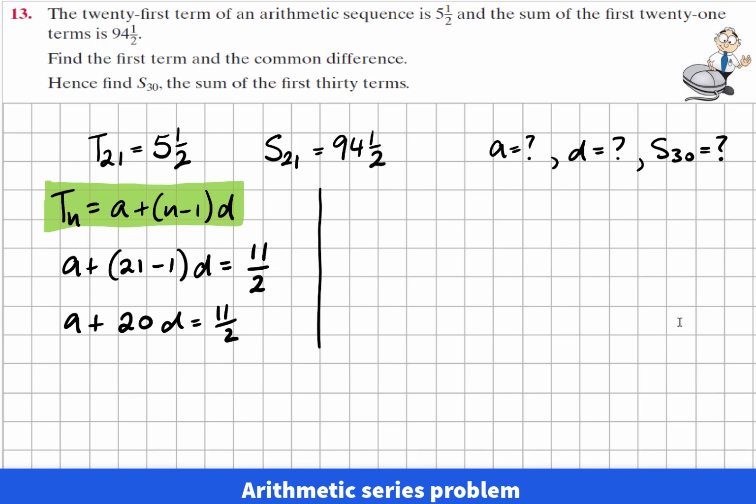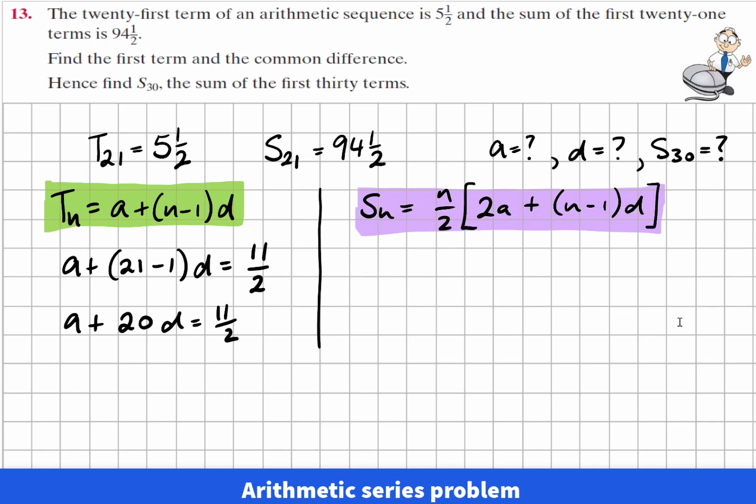So using the sum formula, we know that the sum to n is equal to n over 2 times 2a plus n minus 1 times d. Again, these formulas are both in the log tables. So I know that the sum to 21 is 94.5.